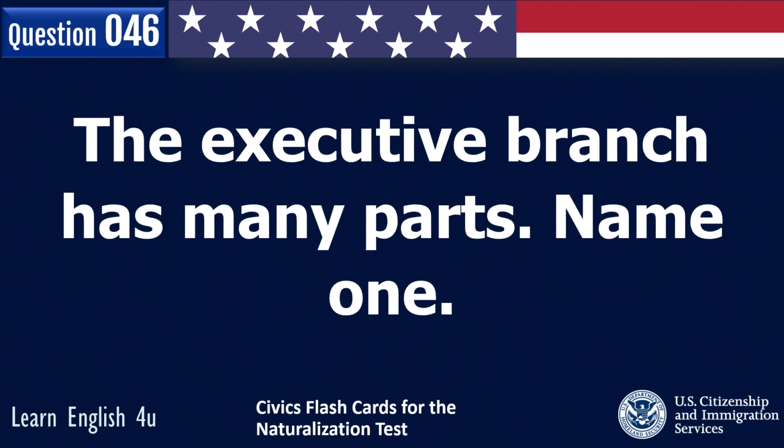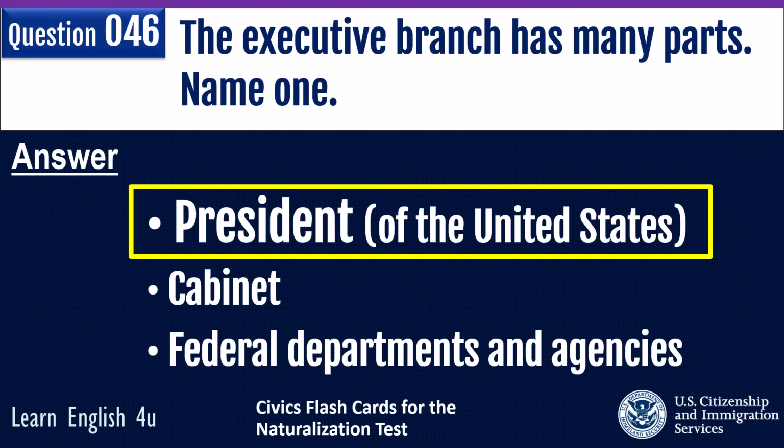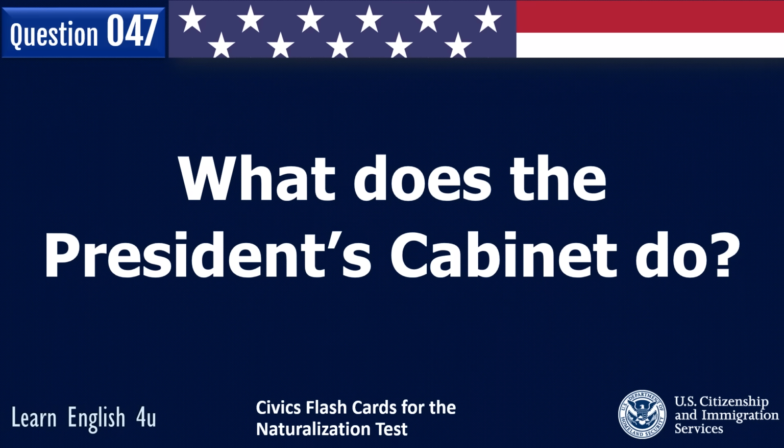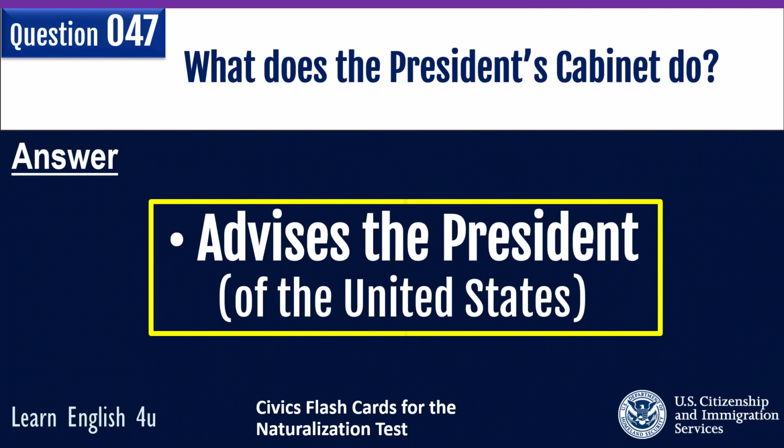The executive branch has many parts. Name one. President. What does the President's cabinet do? Advises the President.